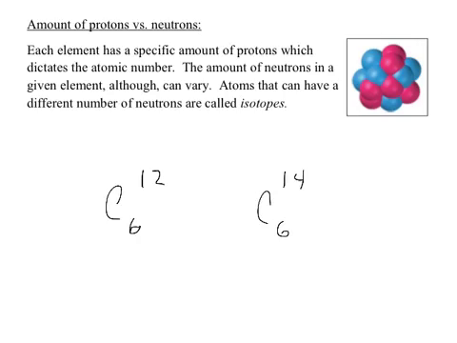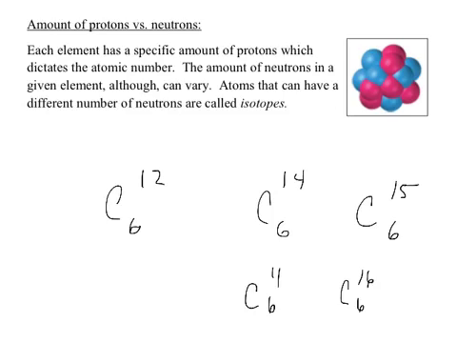Carbon-11, carbon-12, carbon-13, carbon-14, and so on up through 22. All right, so let's say there's a bunch of them.